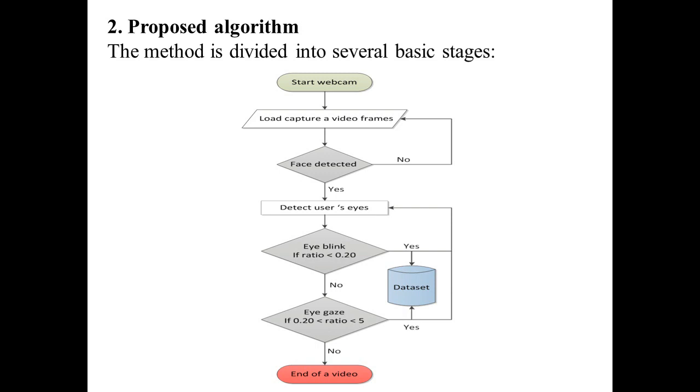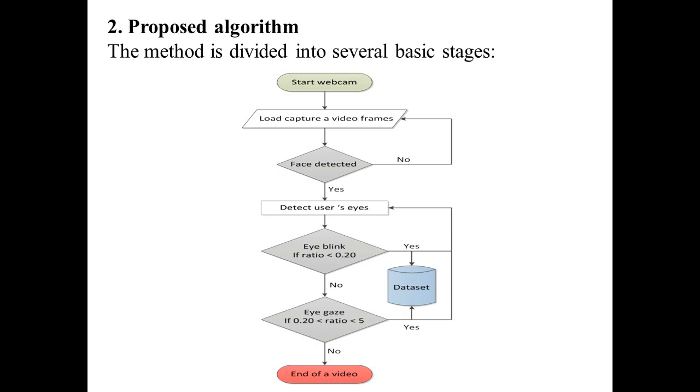Face detection techniques use the OpenCV and DLib libraries. The system then uses gaze estimation methods to follow the user's eyes in real time. The ratios of blinking and gaze will be calculated from the eye tracking algorithms.